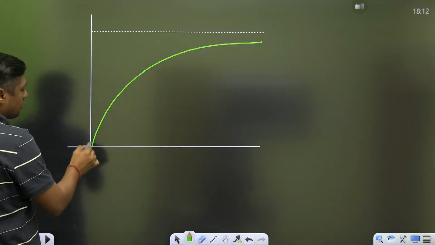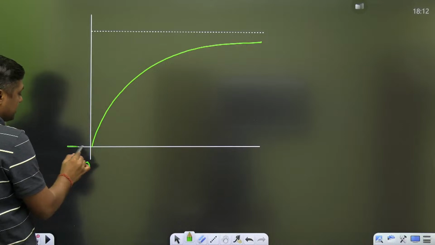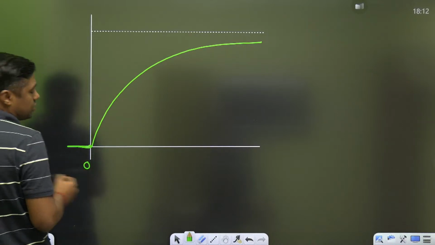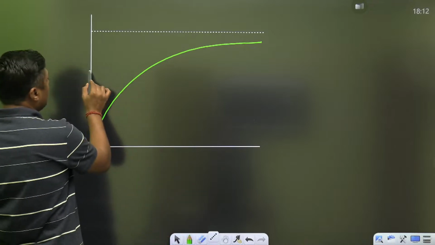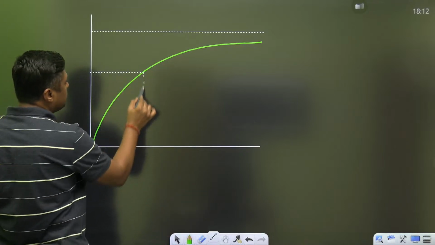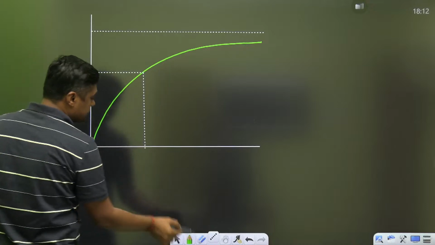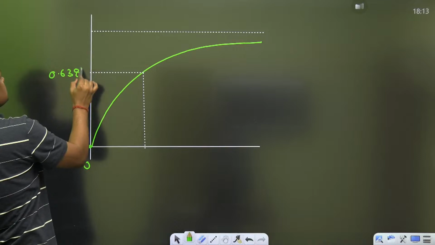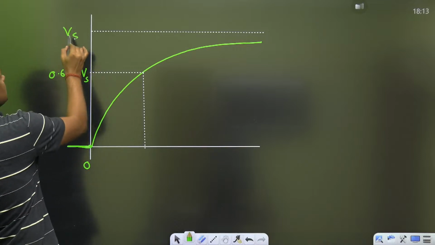Exactly at 0, what is the voltage across the capacitor? 0, because capacitor does not allow sudden change of voltage. Before switching it was 0, just after switching it was 0. In one time constant, it will charge up to 0.632 times Vs, from this equation.